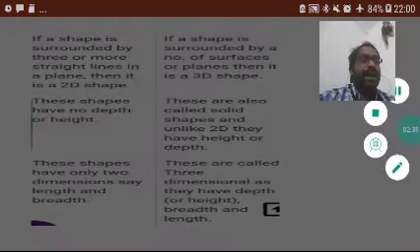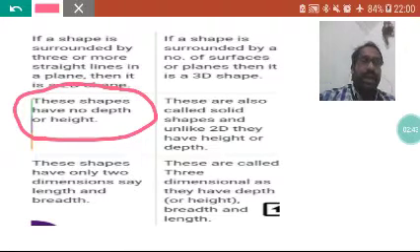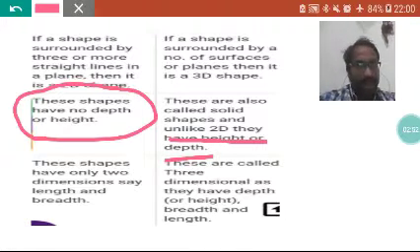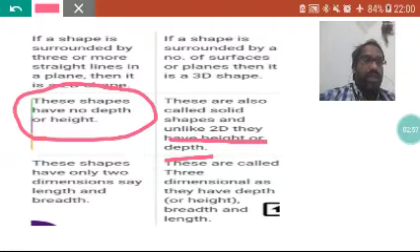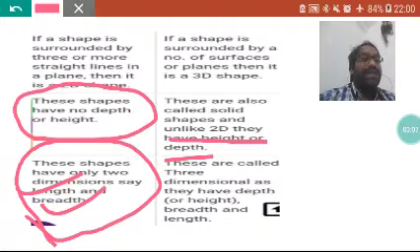Now the second difference is that these shapes have no depth or height, but 3D shapes have height or depth. Clear? Now the third and the most important is that 2D shapes have only two dimensions, length and breadth, but a 3D shape has length, breadth and depth.